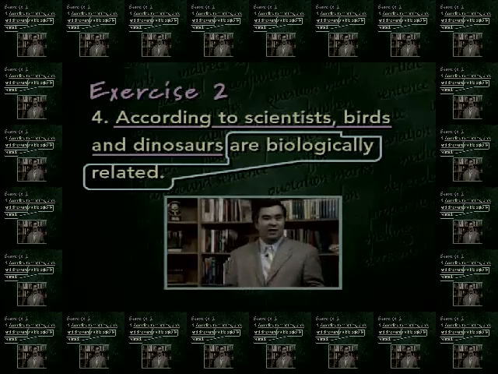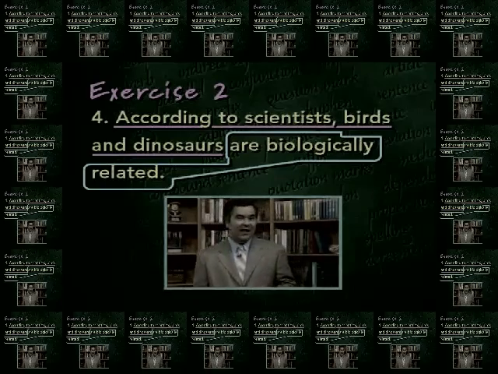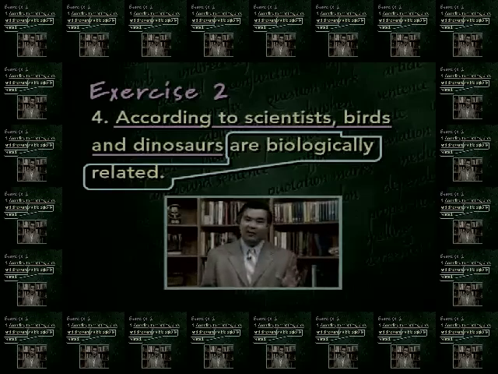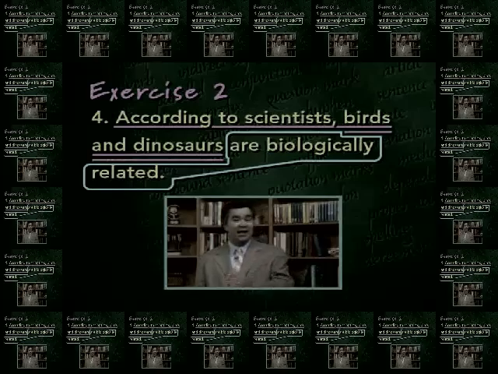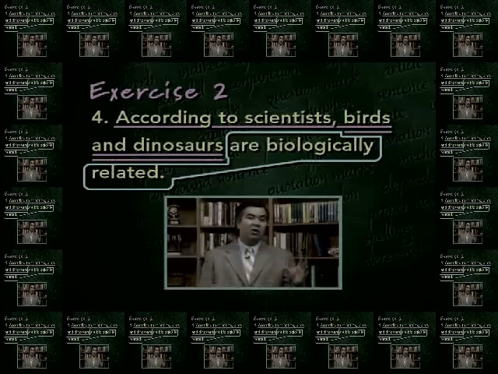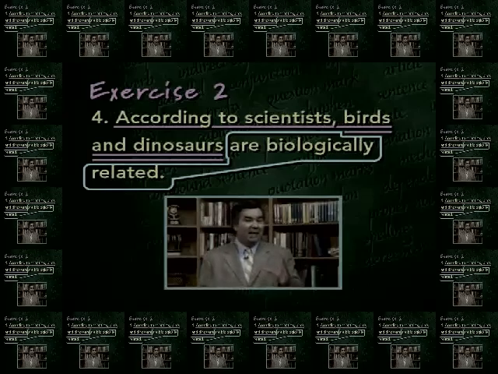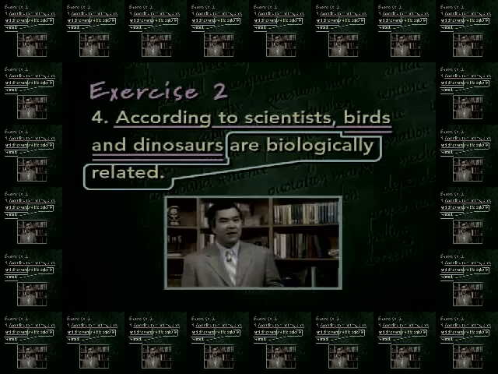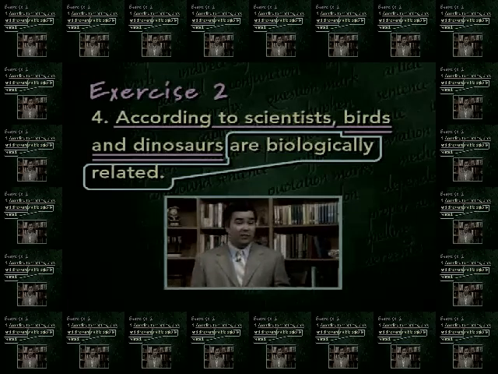Now let's go back to the subject. What's the simple subject here? Do you notice anything unusual about it? In this case, we have a compound subject because there are two subjects, both equally important, connected by the word and. Birds and dinosaurs. So those two words together with the word and connecting them make up the simple subject in this particular sentence. Looking at the predicate, what's the most important word, the verb in this predicate?